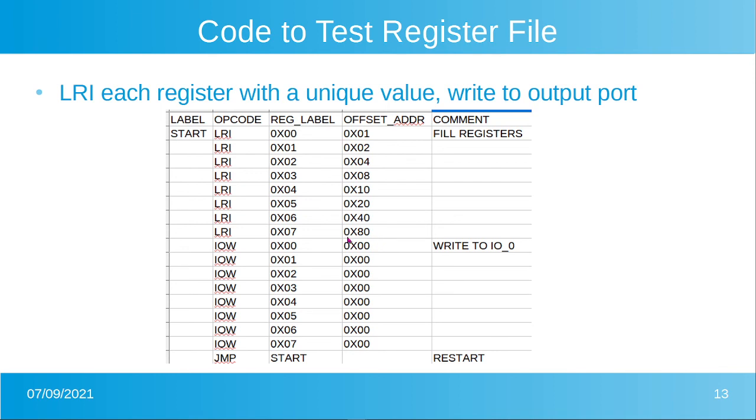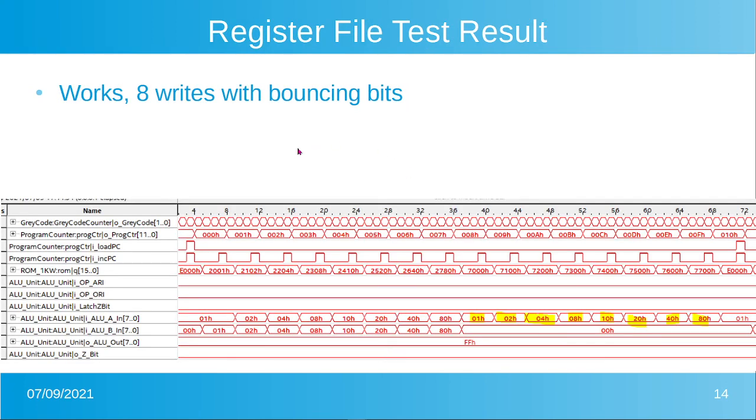We don't really care whether it actually did an IO write, but we just want to look and see data going out. So when we do that, we see that it does all the loads here, 1, 2, 4, 8 through 80, and we can see the writes out here as well, the IO writes: 1, 2, 4, 8, 10, 20, 40, 80. So it worked. The register file now has 8 registers, and they're all 8 bits. Not bad.